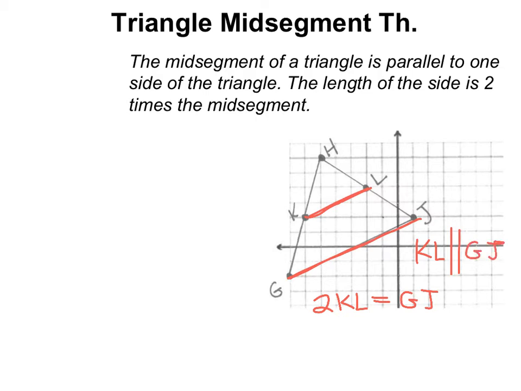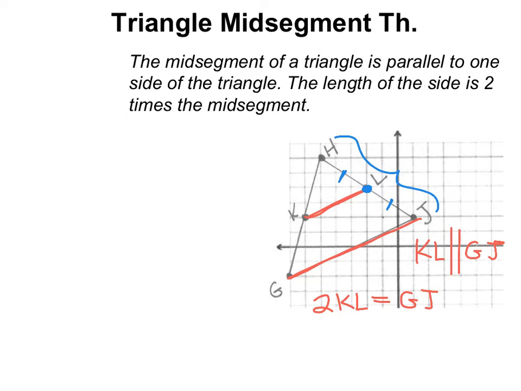The other thing that we didn't calculate, but we could, is the midpoint of HJ. That midpoint would actually be L if we use the midpoint theorem, meaning that this piece and this piece are congruent to each other.